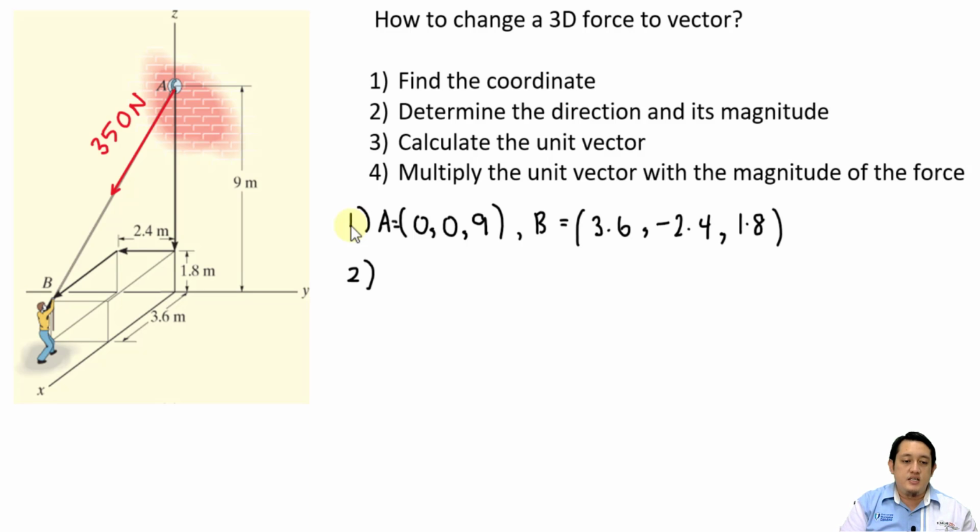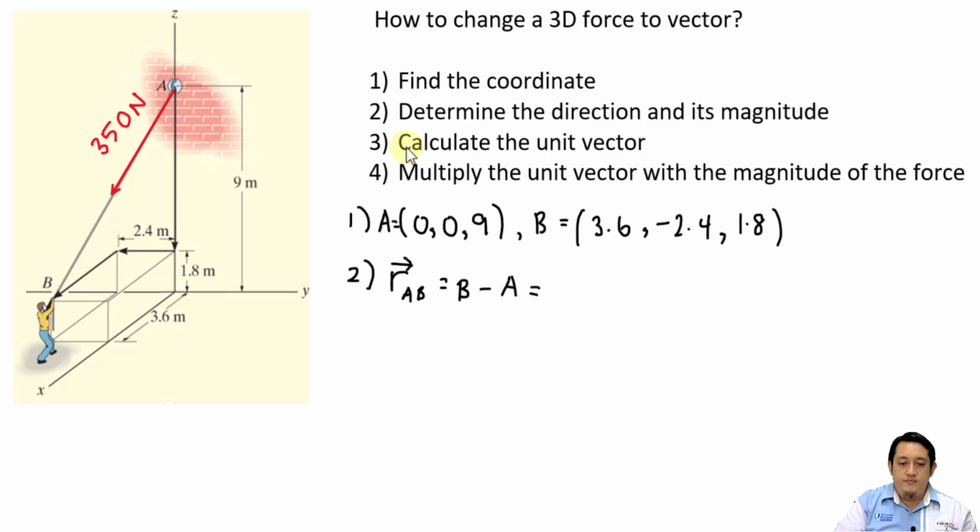The second step: determine the direction and its magnitude. To get the direction, R A to B, because the direction is from A to B, we need to do B minus A. So 3.6 minus 0, negative 2.4 minus 0, and 1.8 minus 9.